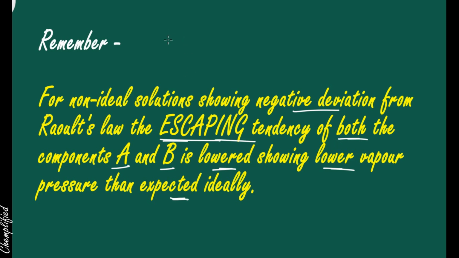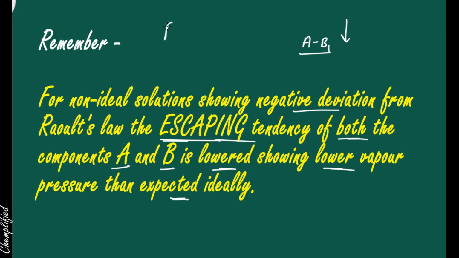The escaping tendency increases if the solution is volatile or if the component particles do not show any kind of force of attraction. But we know that in this solution A and B have greater force of attraction, greater bonding. They want to stay together, which means they don't want to evaporate. If they don't want to evaporate, you would have to increase the temperature, but the temperature should always remain constant. At a particular temperature you see the vapor pressure, so at a constant temperature the vapor pressure will decrease.